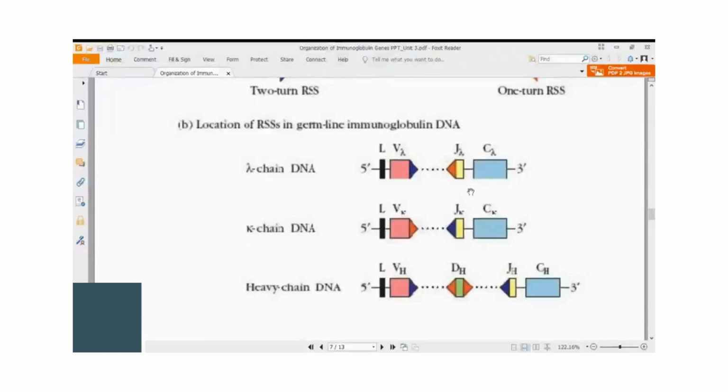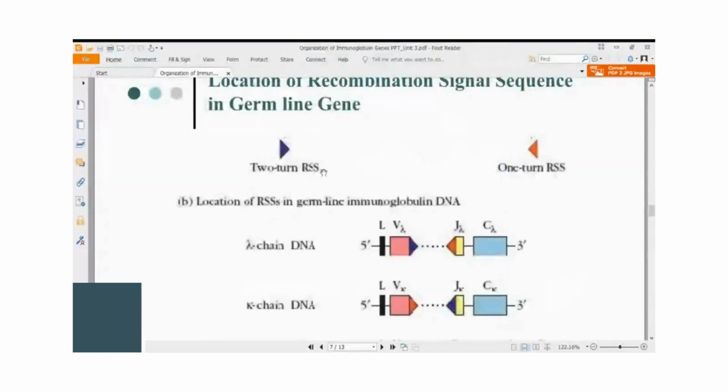I hope you understood. That means there is a regulated and orderly signal in order to facilitate the splicing and recombination.